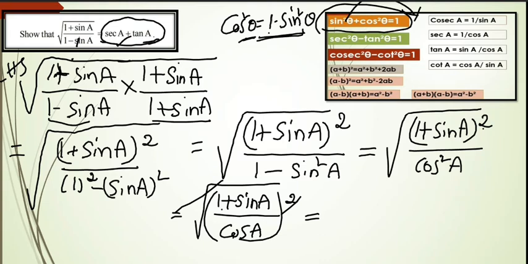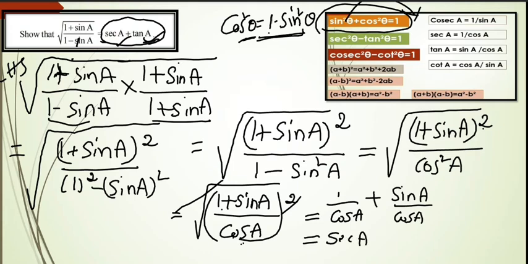We have to get secant A plus tan A. So that means separate this cos A to 1: 1 by cos A plus sin A by cos A. So 1 by cos A is nothing but secant A, plus sin A by cos A is nothing but tan A. This is our RHS value. Okay.